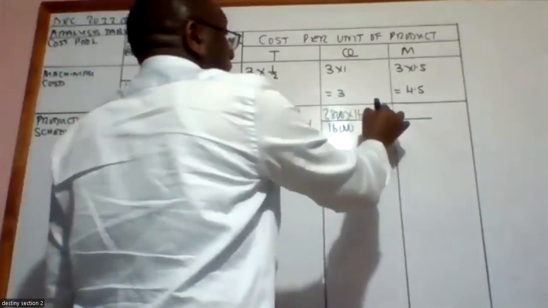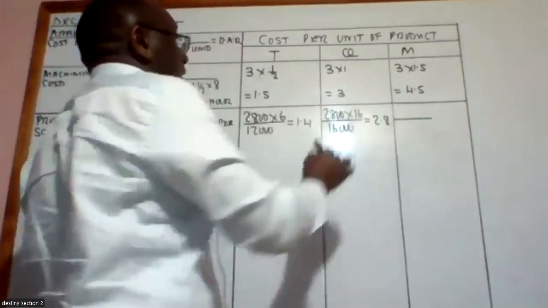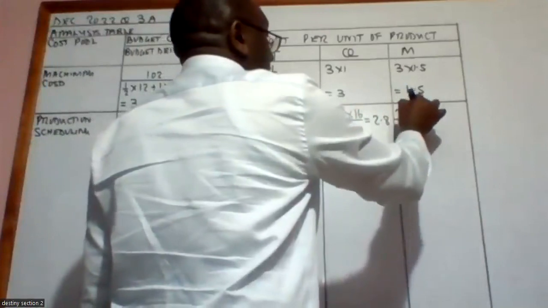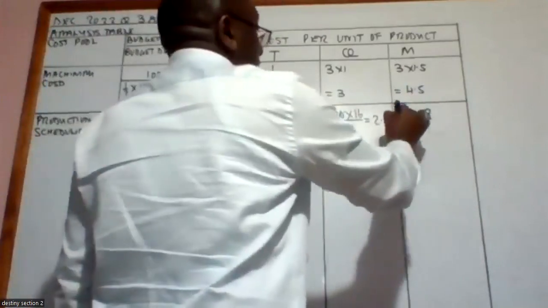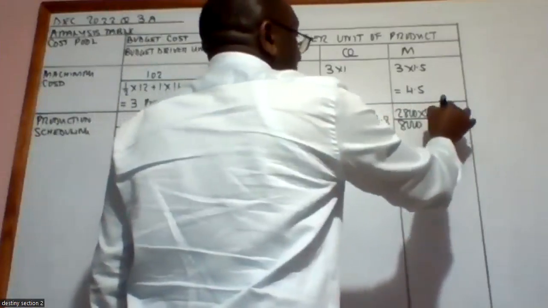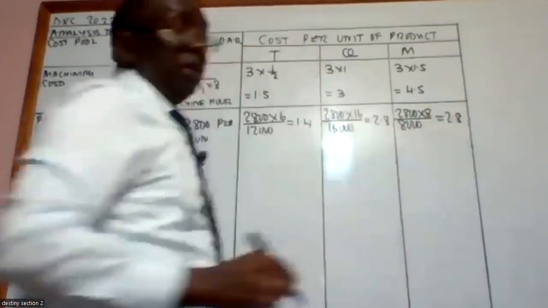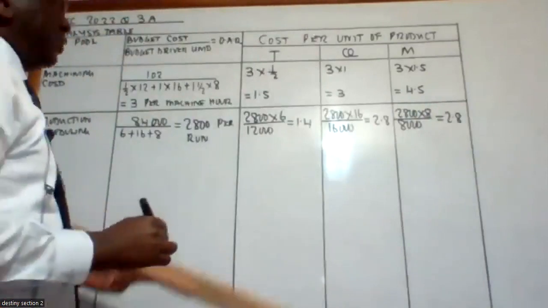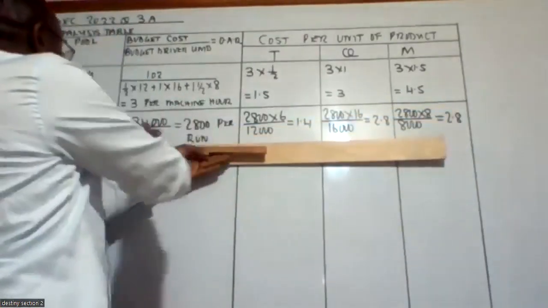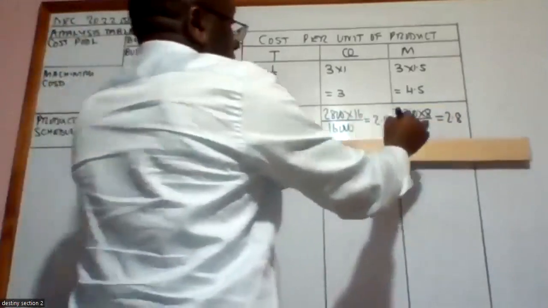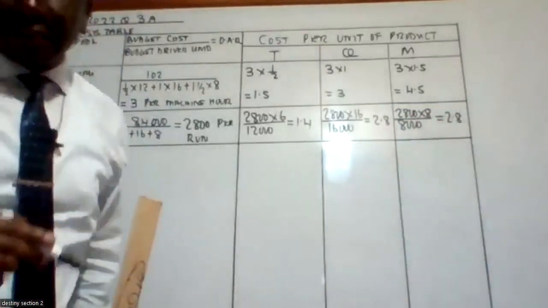Good. For this other one, we say 2,800 multiplied by 8. You divide by the number of units, which are 8,000. And I think this as well will be 2.8. So let's go to the next.